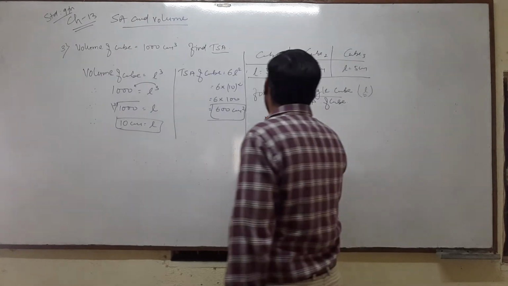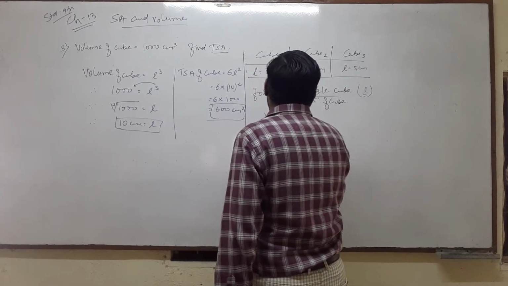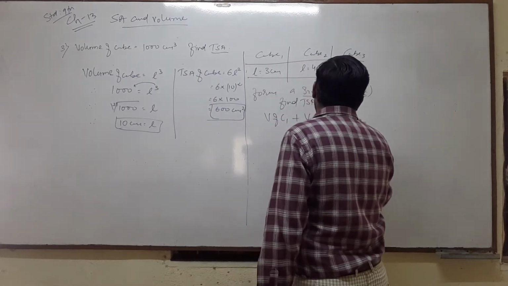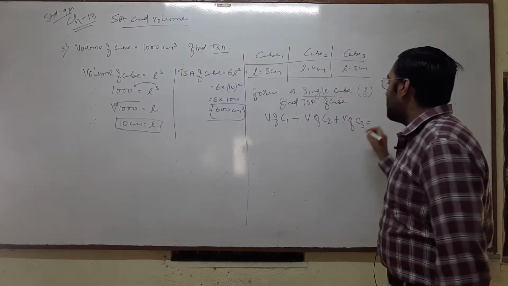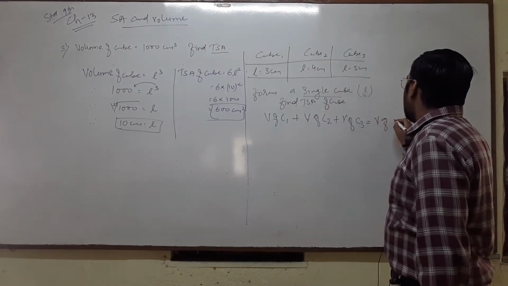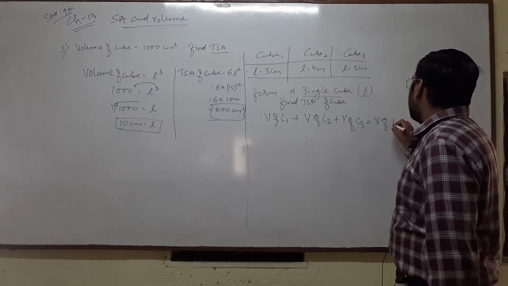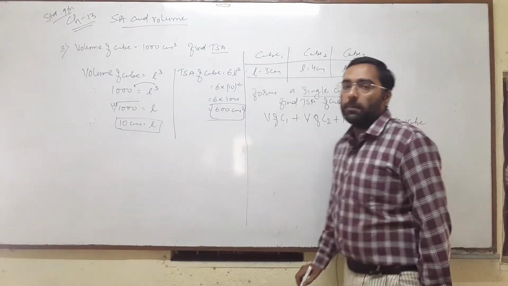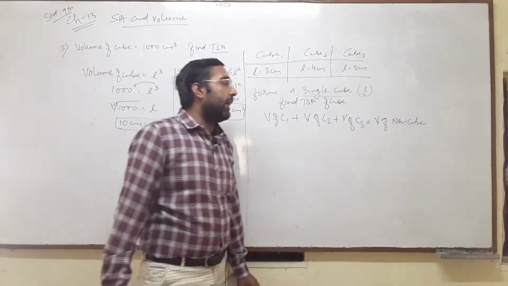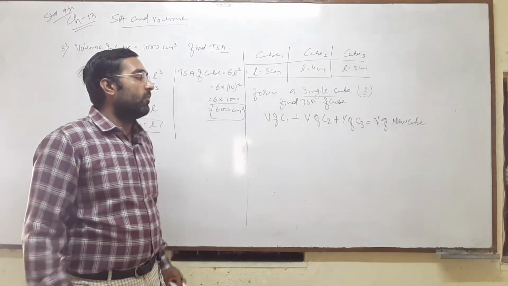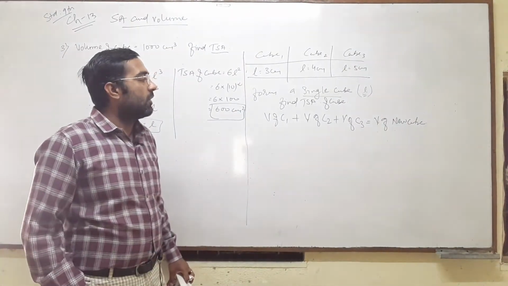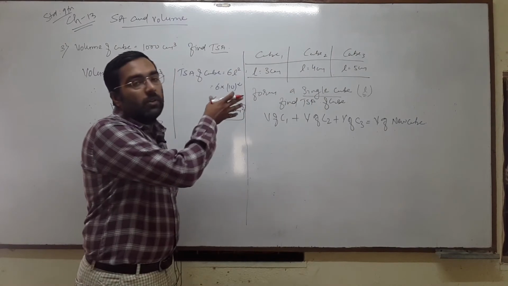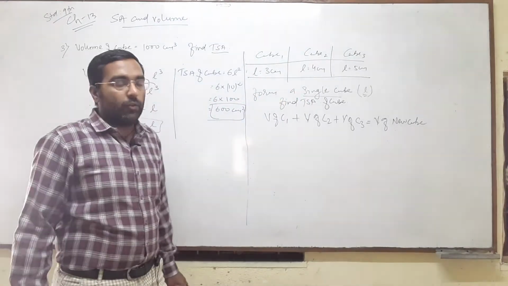Volume of cube 1 plus volume of cube 2 plus volume of cube 3 is always equal to the volume of the new single cube, because mass is the same for all of these cubes, just shapes are changed, from 3 smaller cubes to 1 bigger cube.